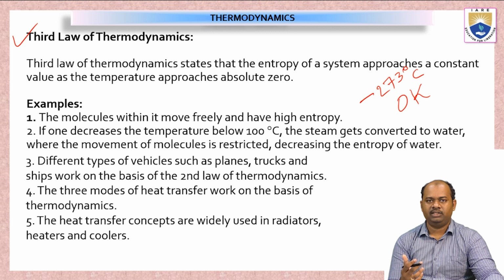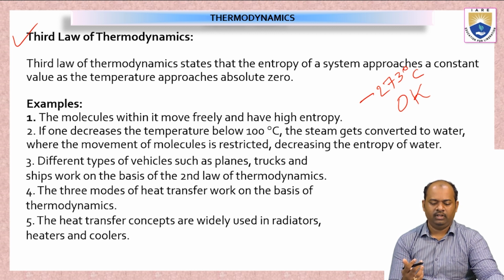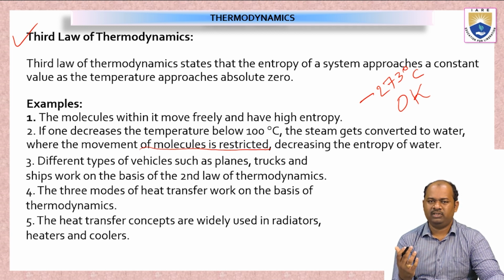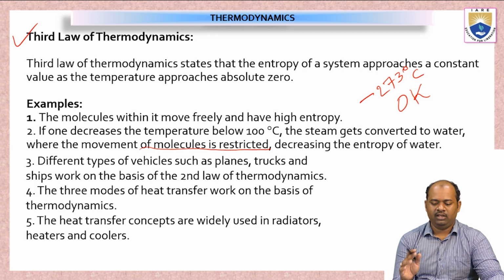What is happening inside the water molecules? The movement of the molecules is restricted here, which means the free molecules in the steam stop moving and decrease the entropy of the water. So the entropy of the water is decreased as the steam is converted back into water.